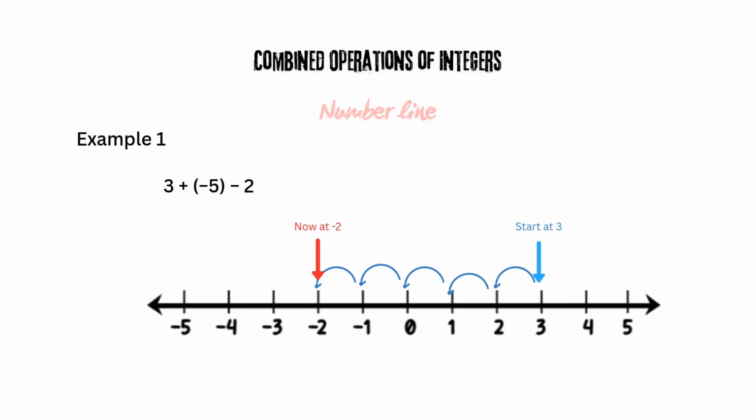When we subtract a positive integer, we move 2 steps left, and now we stop. We're done. We have ended at negative 4, so our answer is negative 4.